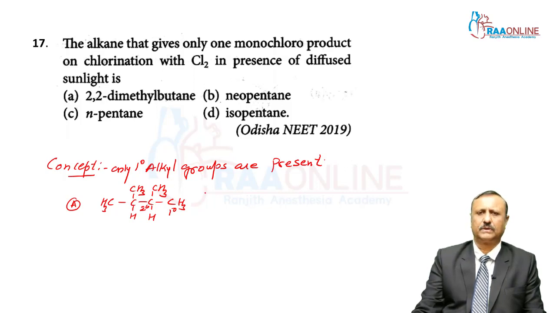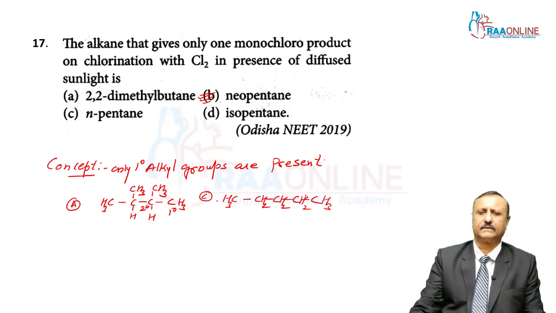When we go to C, normal pentane, because B is the answer, we cannot go to B now, we go to normal pentane, with carbons 1, 2, 3, 4 and 5. Here this is CH3, CH2, CH2, CH2, CH2 and CH3.